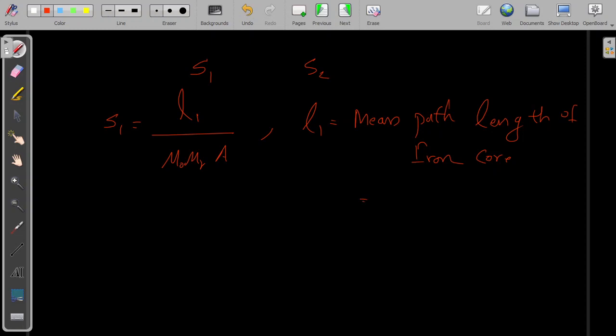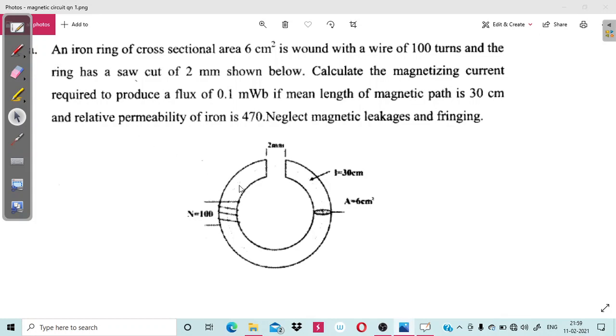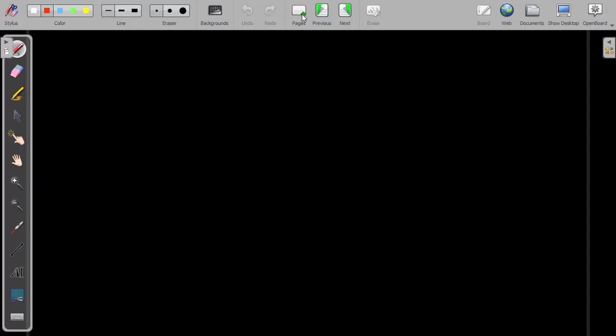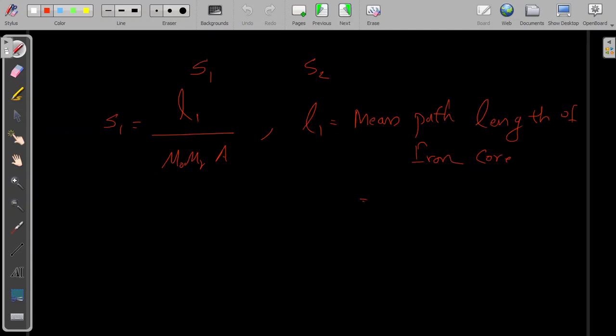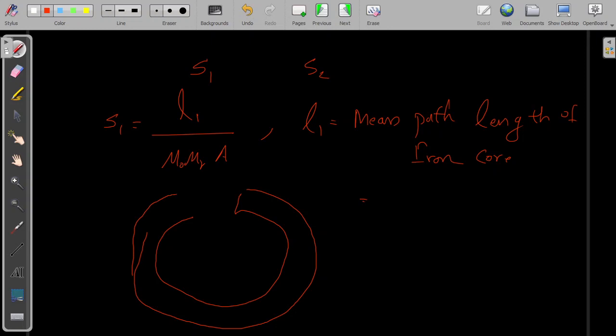Mean length means I am drawing a circle exactly in the middle of this ring, and this is given as the mean length.